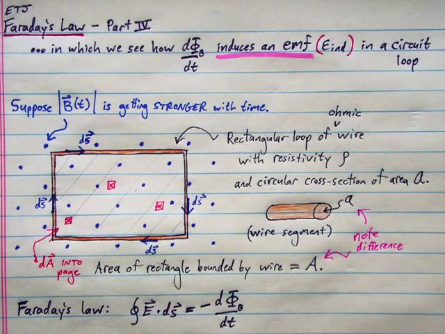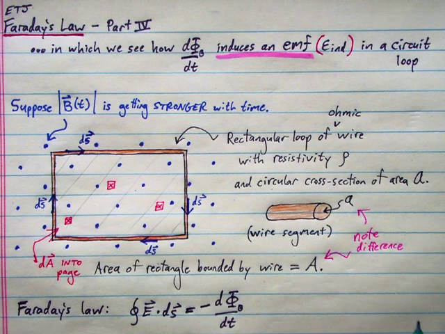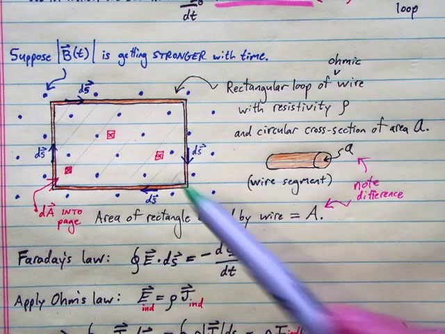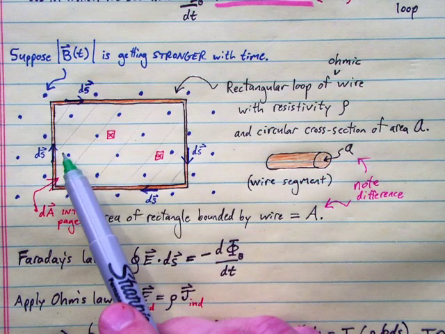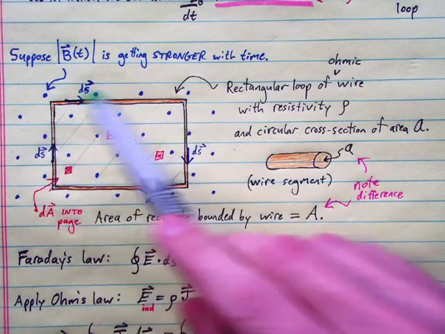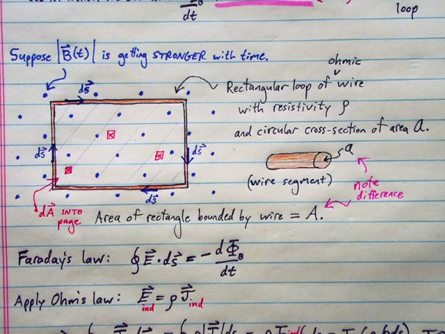All right, so let's apply Faraday's law to this loop. Faraday's law stated like so, and then add in Ohm's law, knowing that we're expecting a clockwise induced electric field. Let's run through that argument again.